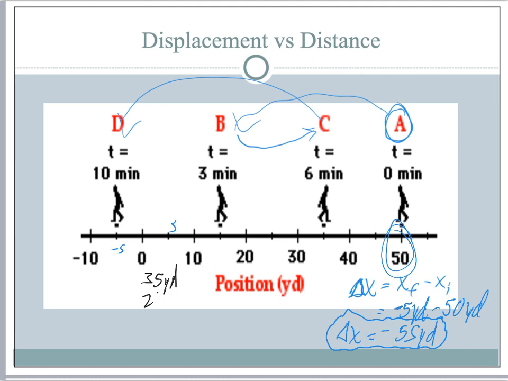That looks like another 20 yards. And then from point C to point D, he walks from the 35-yard line all the way to the -5. So that looks like 40 yards. And then we add up all of those numbers, and we end up with 95 yards for our total distance.